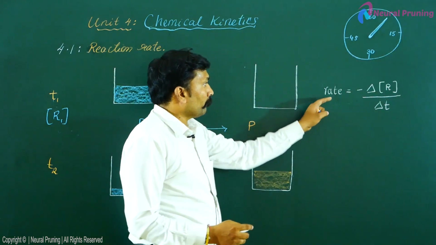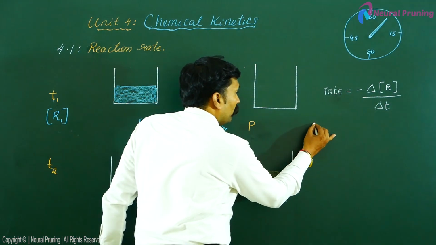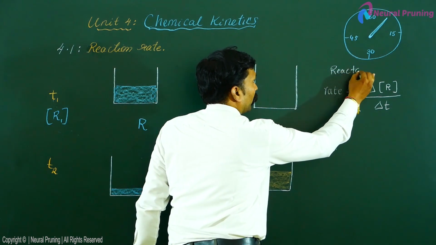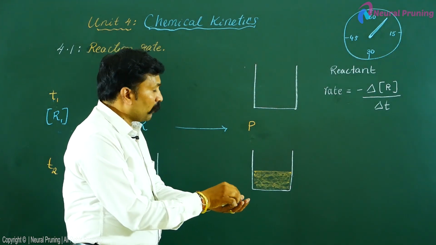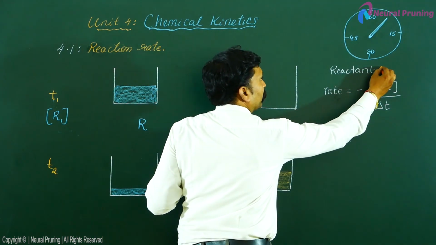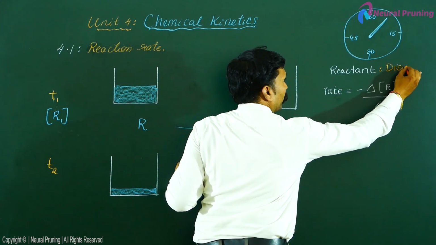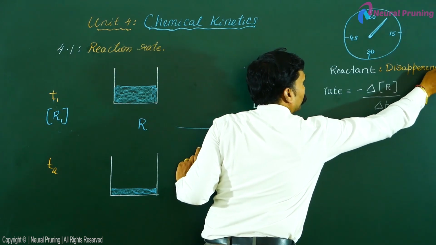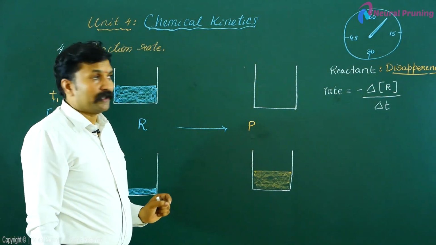Now, let us focus on how we arrive at this formula. It is obtained when we calculate it for reactants. The other word we use for the reactants is disappearance. I've already told you at the beginning of the talk that you have to remember a few words.